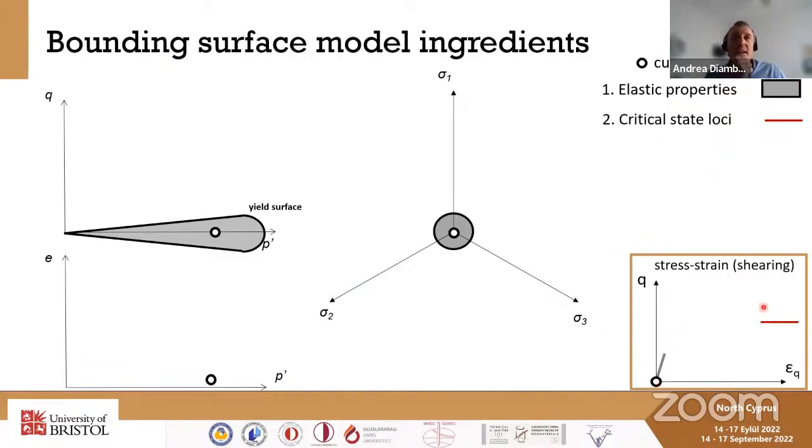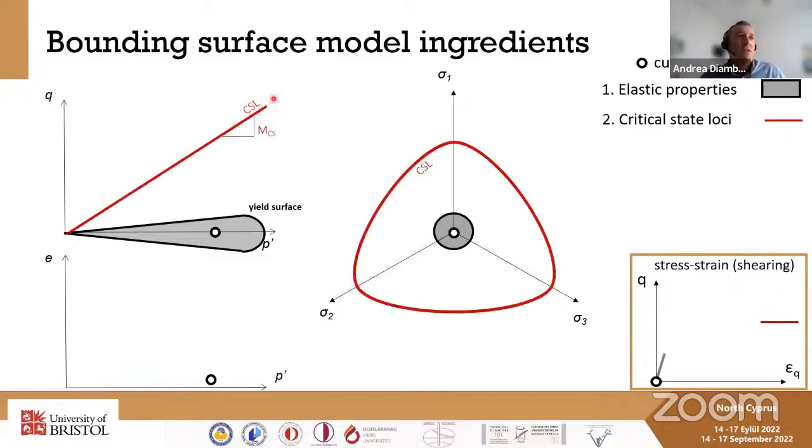The final target, and that is the critical state. Critical state tells us what strength we need to reach when we load. That is a line on the q-p' plane and a shape in the multi-axial stress space, but also a final volume, a typical critical state line that can be unique if we want, or some people say it is not unique, but can vary according to some specific rules.